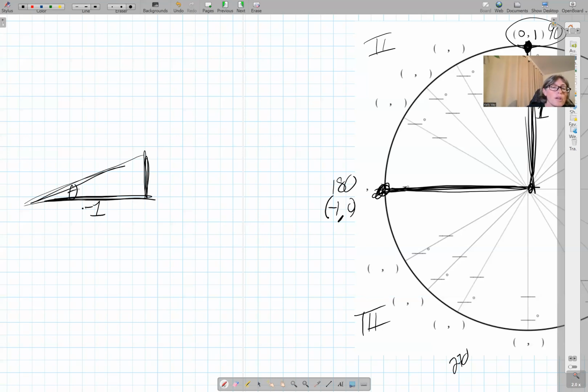So our cosine is -1 and our opposite is 0. And that means your radius is going to be 1, because -1 squared plus 0 squared equals unknown squared. And you can see right now you're going to end up with your hypotenuse equaling 1.